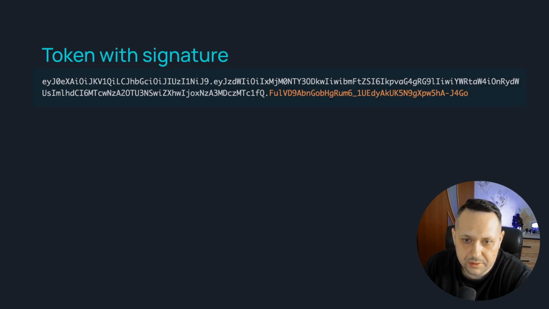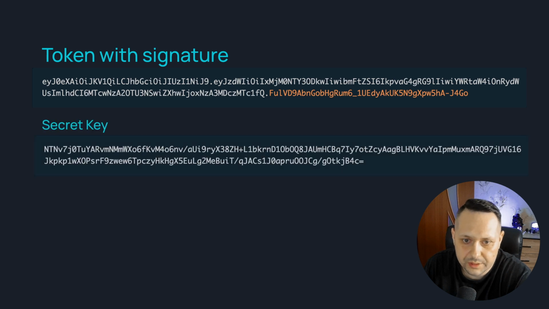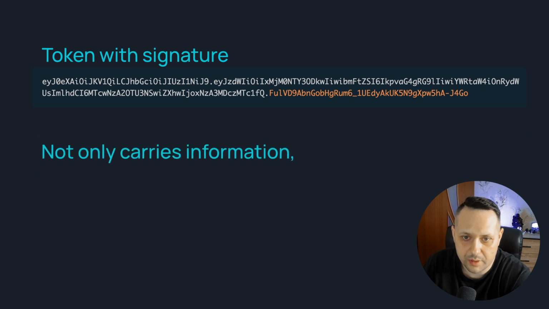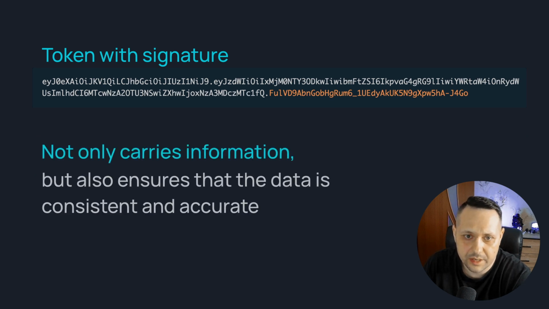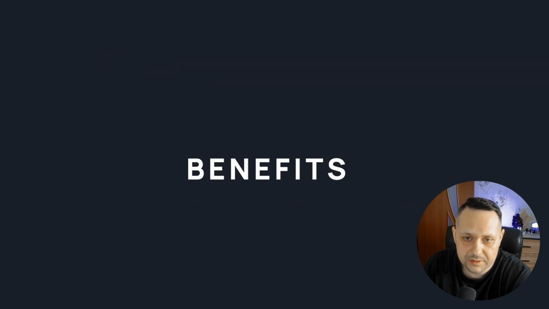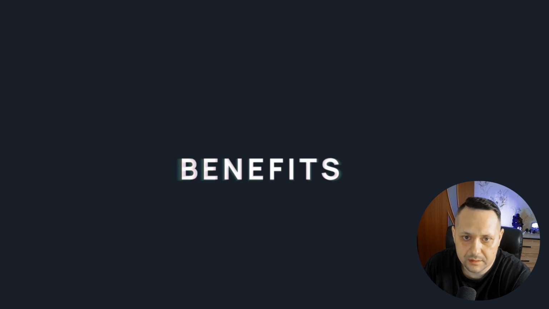The token is completed with a signature, encrypting all data with a secret key known only to the signer. To verify authenticity of an object, the object is resigned and the signatures are compared. These three parts create an object that not only carries information, but also ensures that the data is consistent and accurate. Now let's look at the benefits that JWT offers.